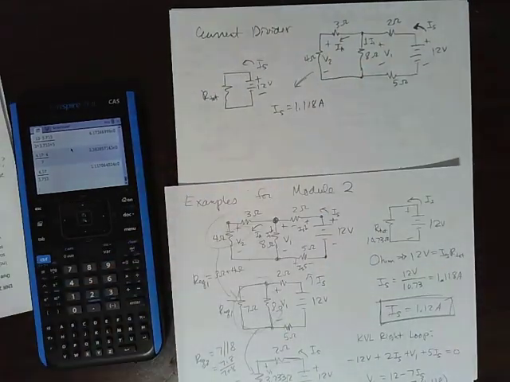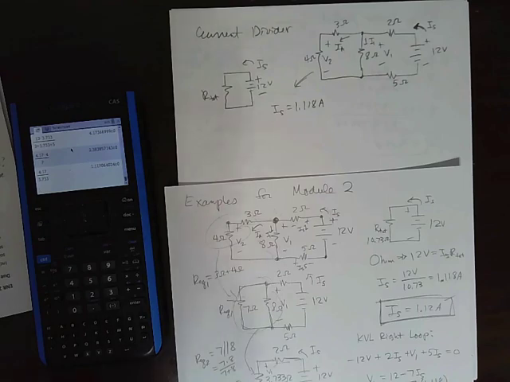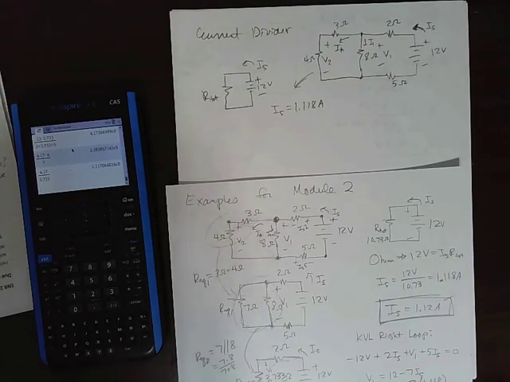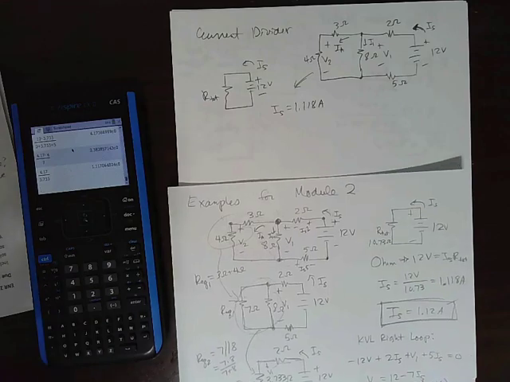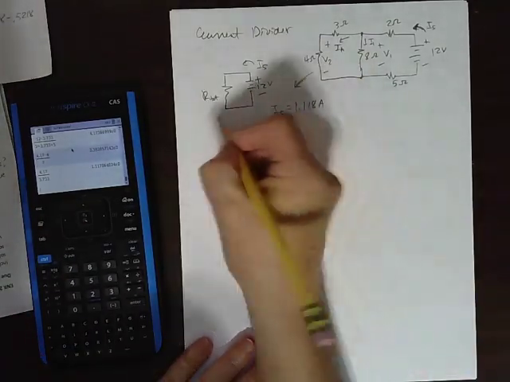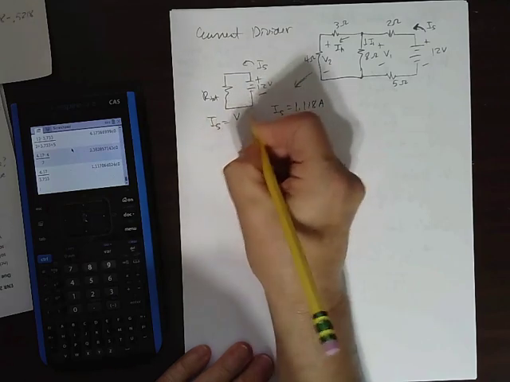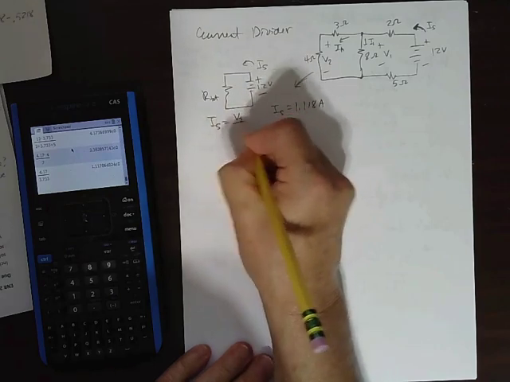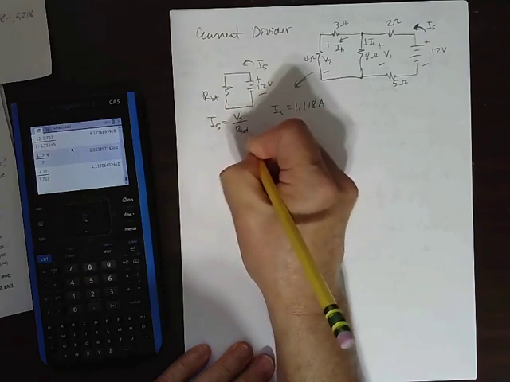Okay, so we can't do it with pure current. It's not as clean as a voltage divider because we aren't given a current, right? We have to get a current to be able to divide it up. All right, so let's say we've done that much work. We've gotten IS. So IS was V source over R total, like we did before.